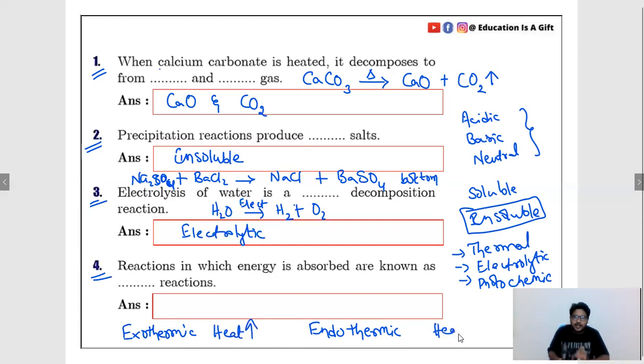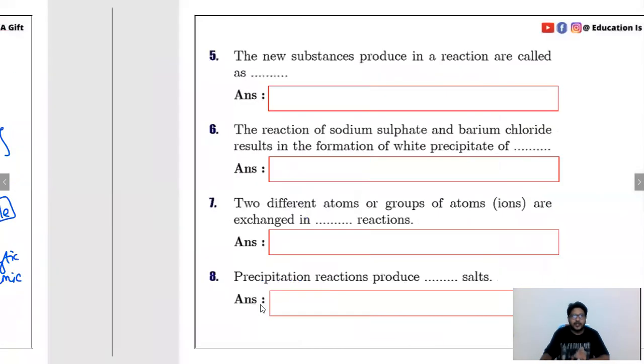If heat energy is absorbed, it is known as endothermic. So exothermic, heat is generated, endothermic, heat is absorbed. Here energy is absorbed, hence it will be endothermic. Like that we need to answer.